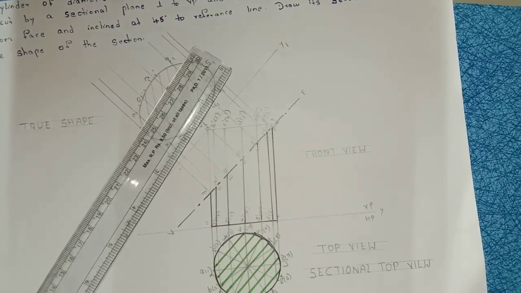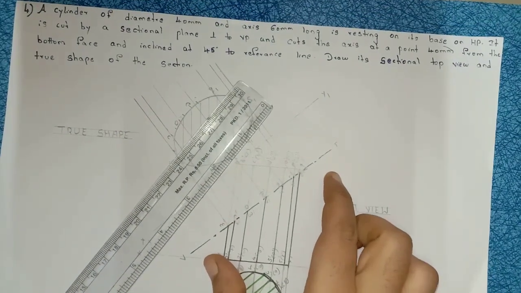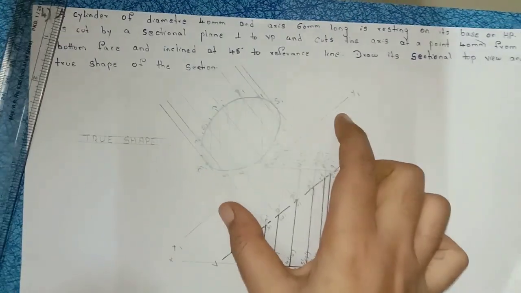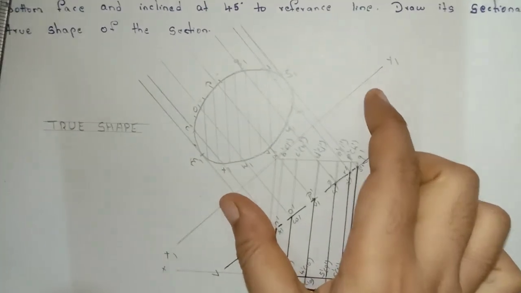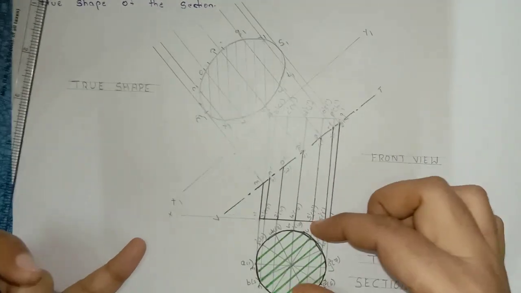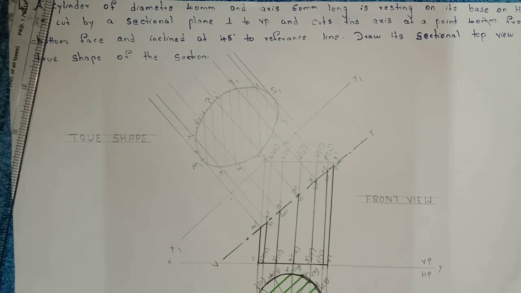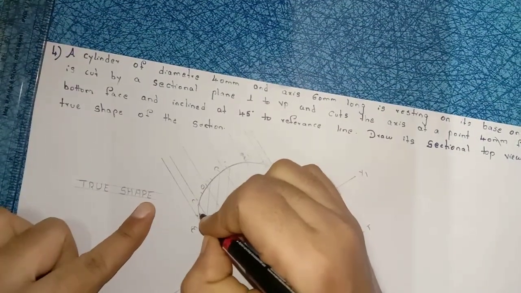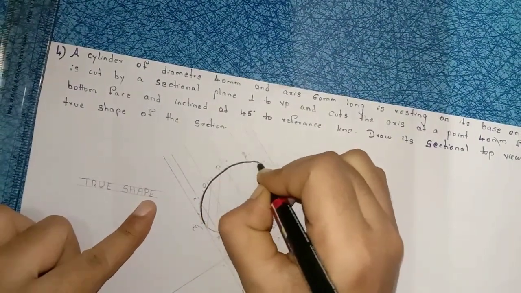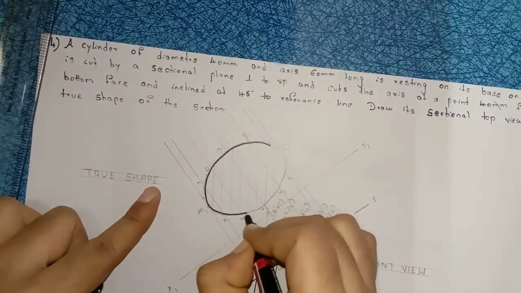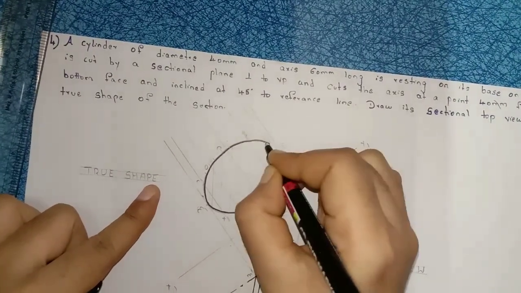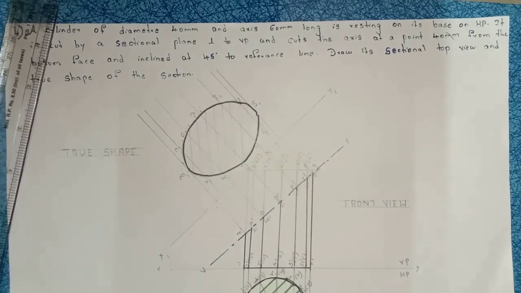Right, and after that, after drawing this sectional plane we have drawn a parallel line which is called another reference line, and we have drawn this true shape here. Right, so this true shape is here M N O P Q R S T U V W X. This is your true shape.